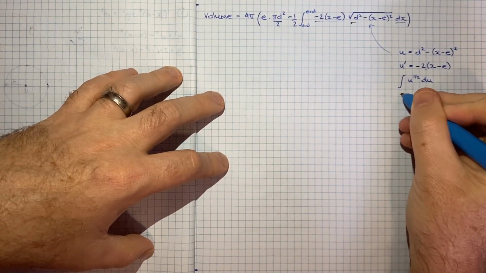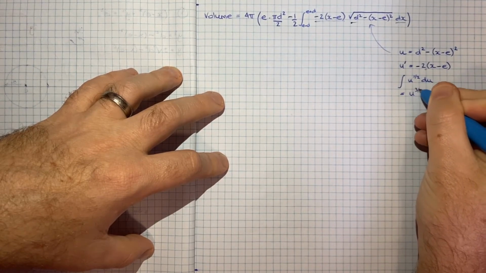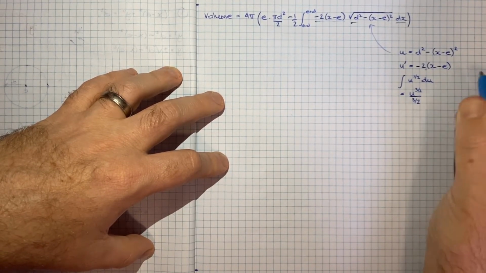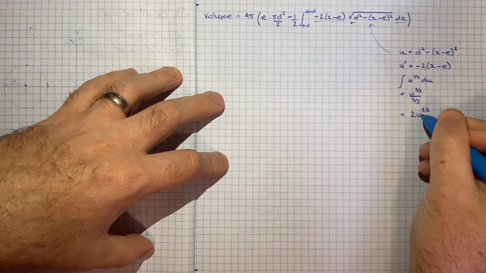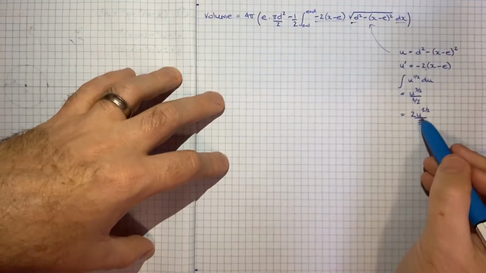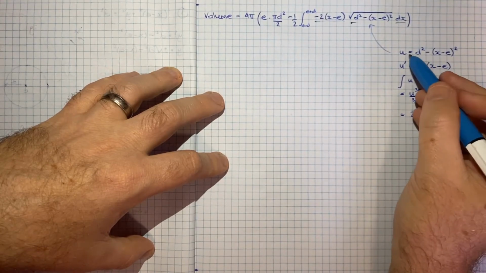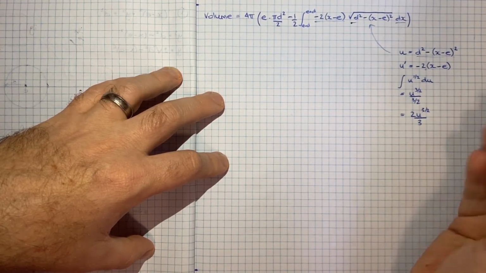That would just become u to the 3 on 2 on 3 on 2, or in other words, 2u to the 3 on 2 on 3. And now all I do is insert u back in, and we've got our integral.